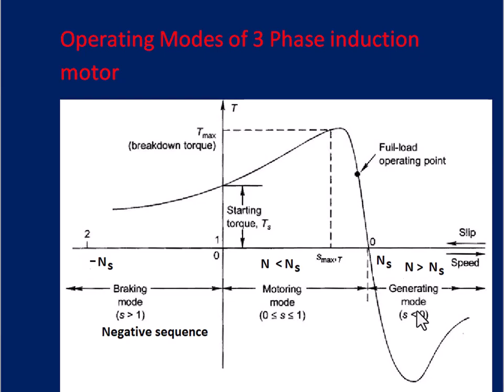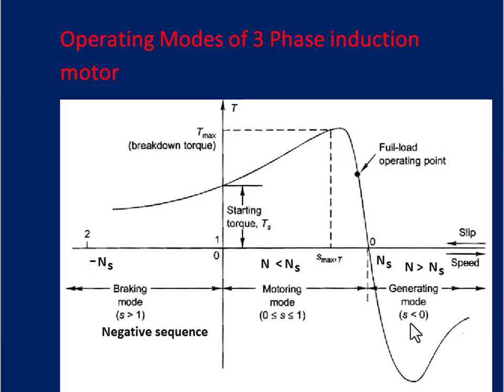So S becomes minus, slip becomes minus. So here, the characteristic is like this. This is the ns. So when it goes to the right side, the rotor speed is more than the synchronous speed. This is due to the external prime mover connected to the rotor of the induction motor.